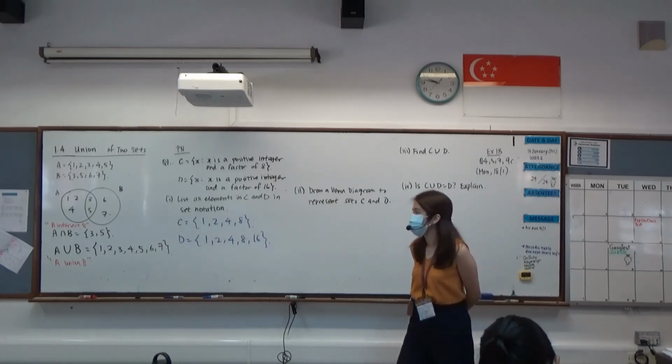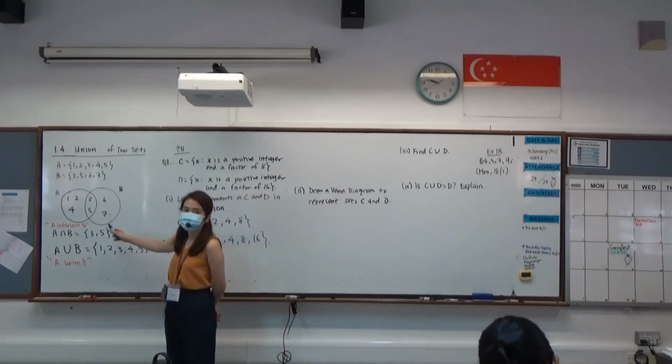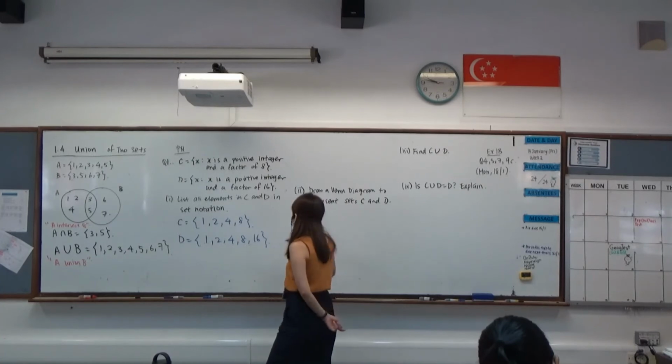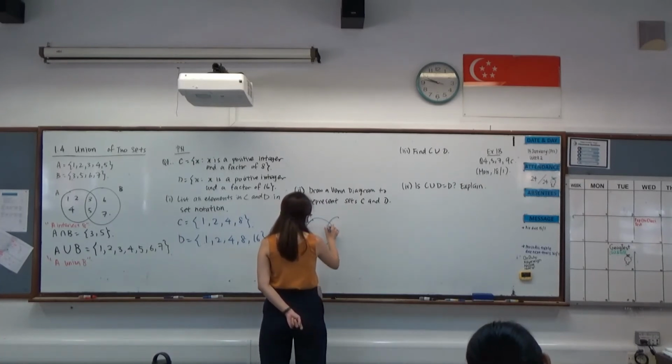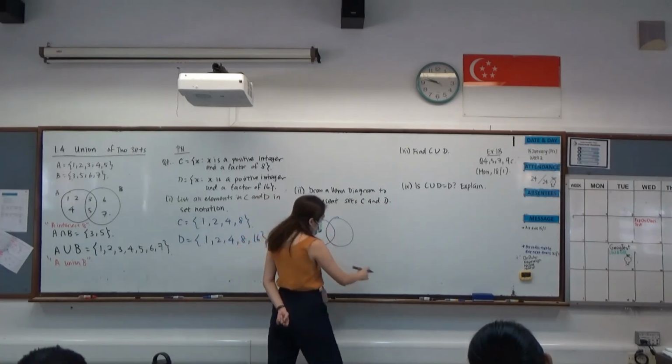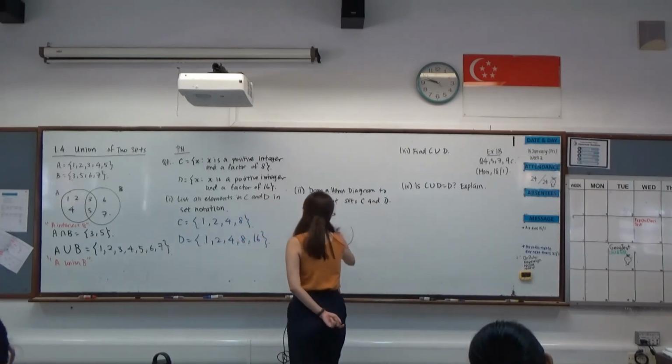It's like an AB drawing, but the overlap part is 1, 2, 4, 8, and then the circle for D has an extra 16. So you want to draw two circles overlapping like that, and the overlap is 1, 2, 4, 8. Got it?